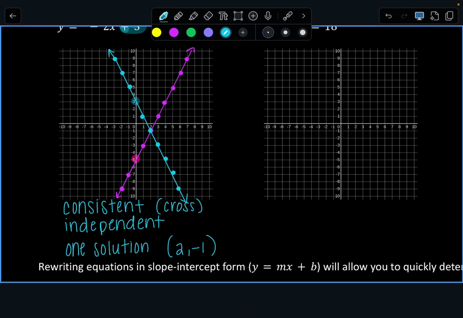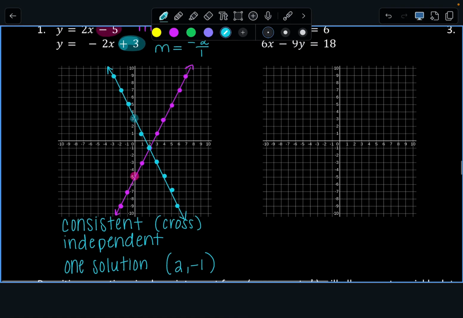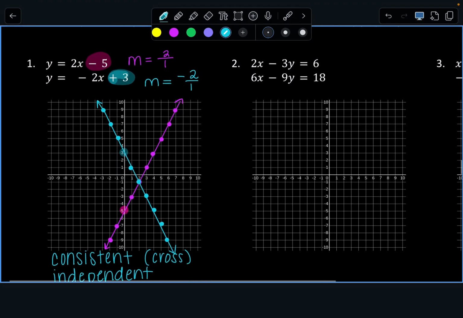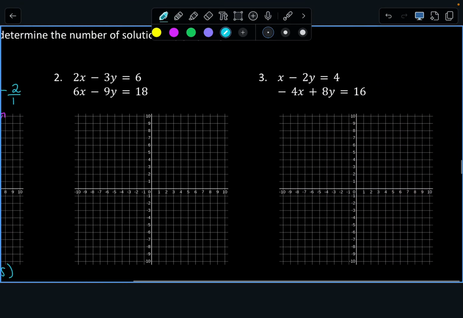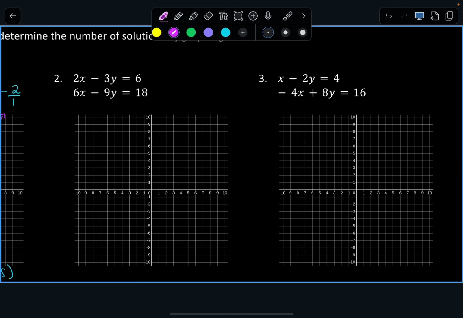Questions on that first one? Kind of making sense? Okay. Gonna do the same thing for number 2. But first we have to rearrange to get y alone.